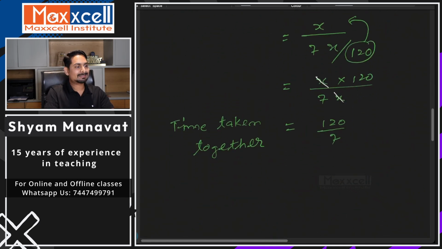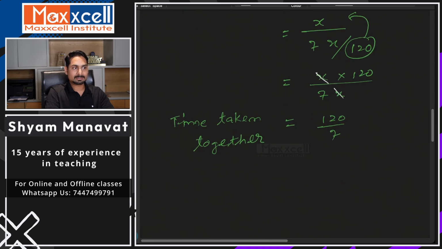That means this final answer is independent of the work. Whatever you assume as work in this case, the answer is going to remain the same. Instead of x, had you assumed y, you would have got the same answer. Had you assumed say 100 as a number, you would have got the same answer, right?